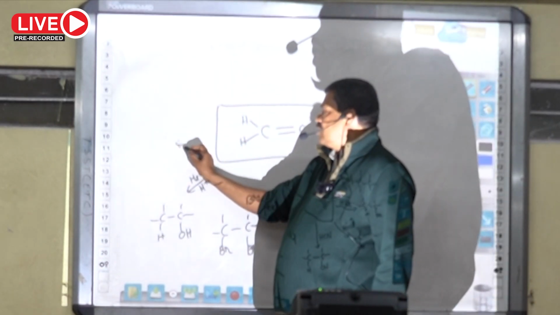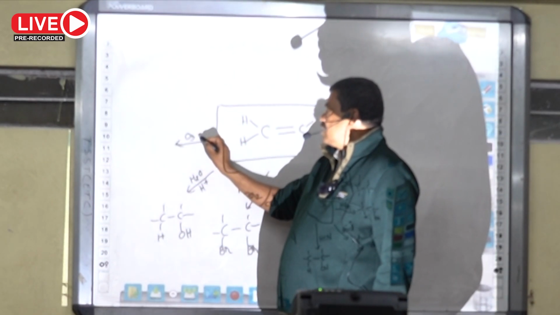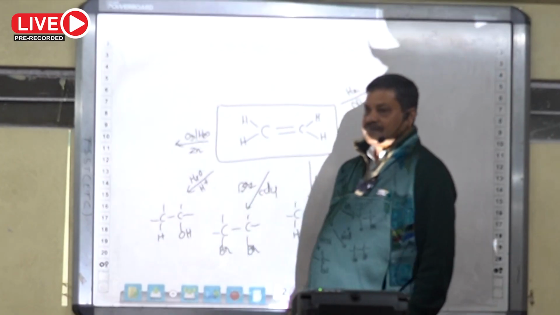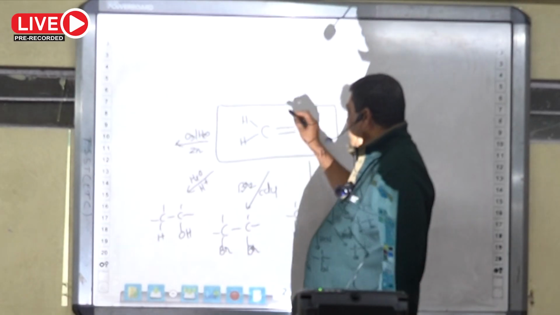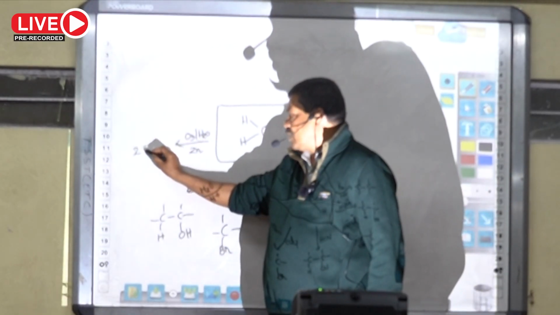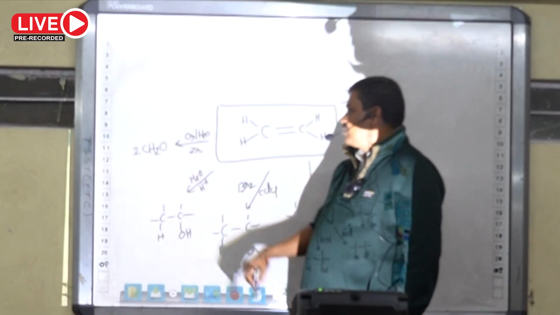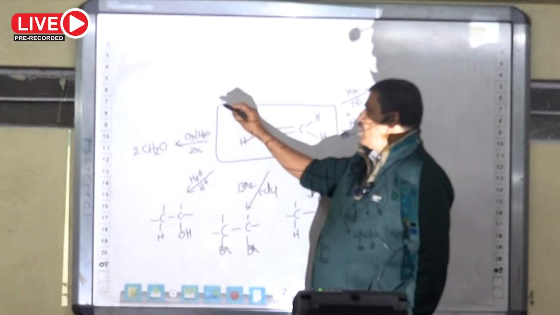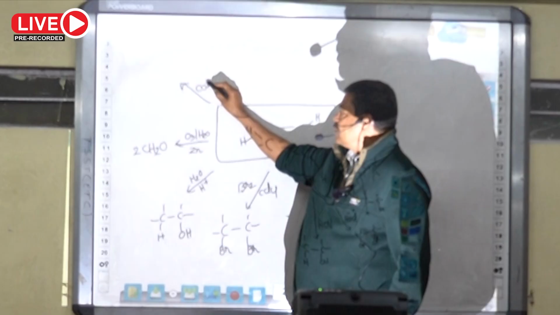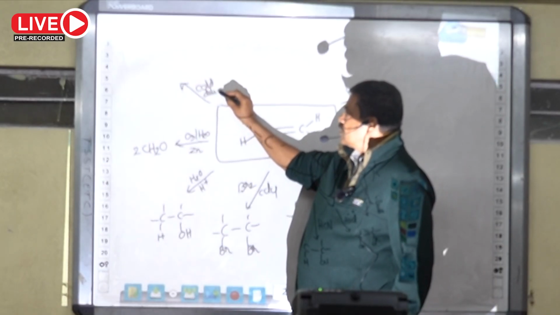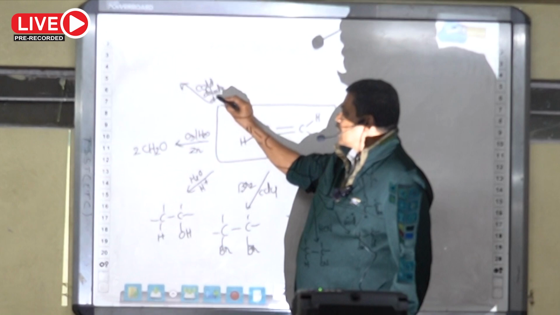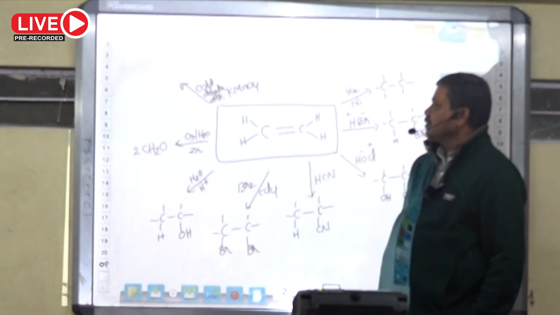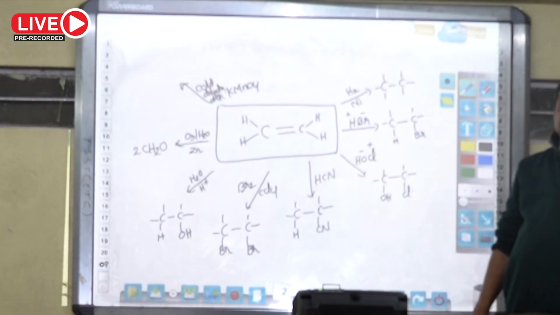If you treat with ozone, H2O, Zn, the double bond breaks, and you will get 2 moles of formaldehyde. If you treat with cold dilute alkaline KMnO4, it is called Bayer's reagent.